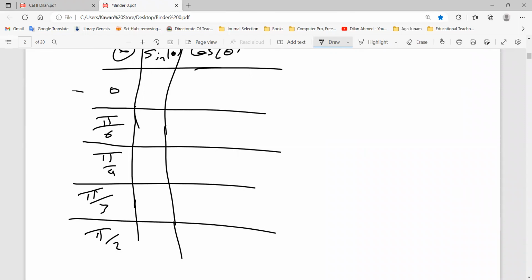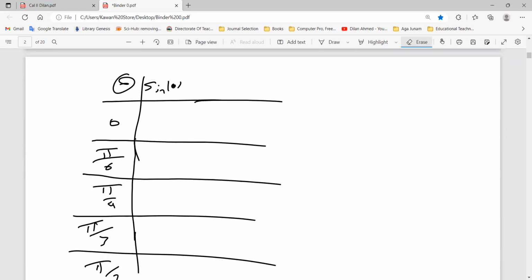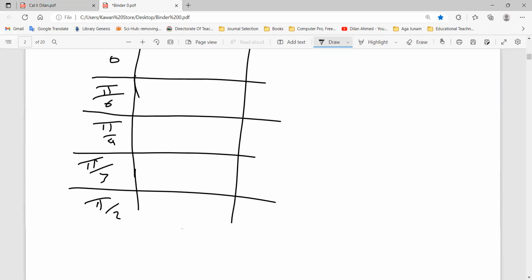You know about 0 and pi/2, right? From the circle. But I'm going to repeat it here to get more information. So this is for sine and cosine. Then this is for cosine, sine of theta.